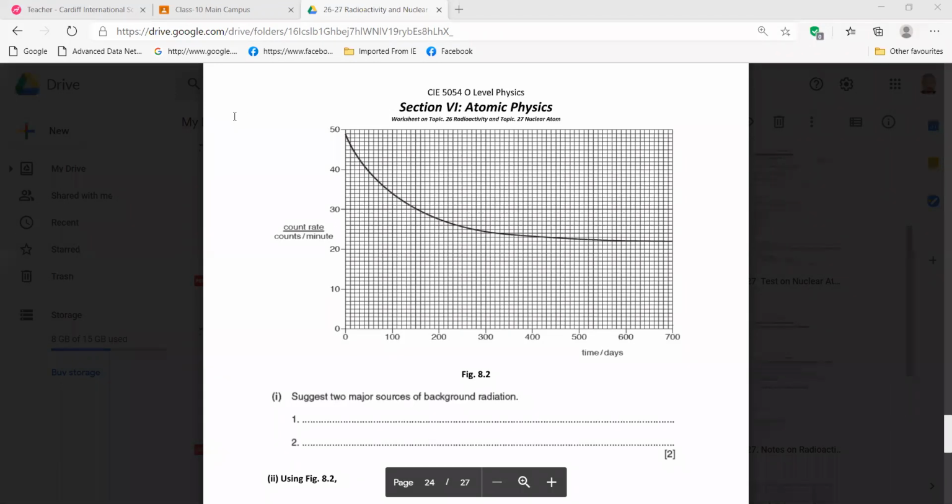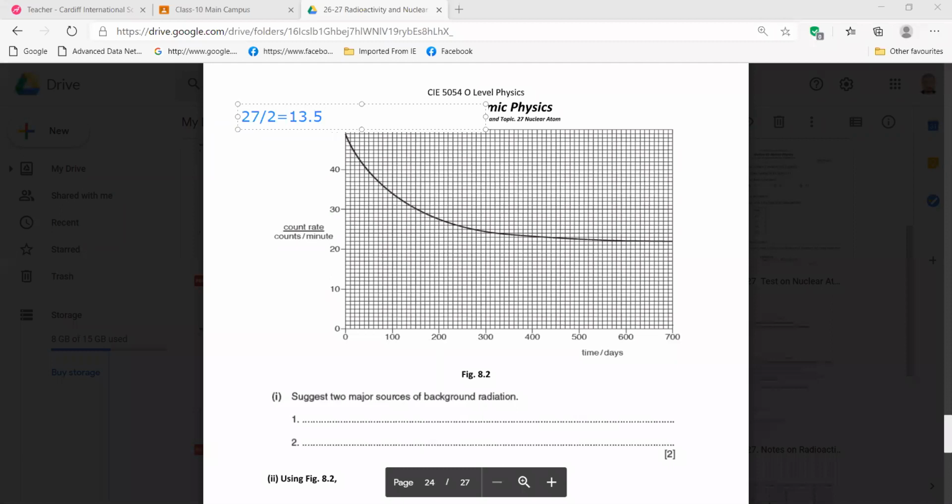So after one half-life, 27 will be how much? Can you say how much it is? Is it 13.5?